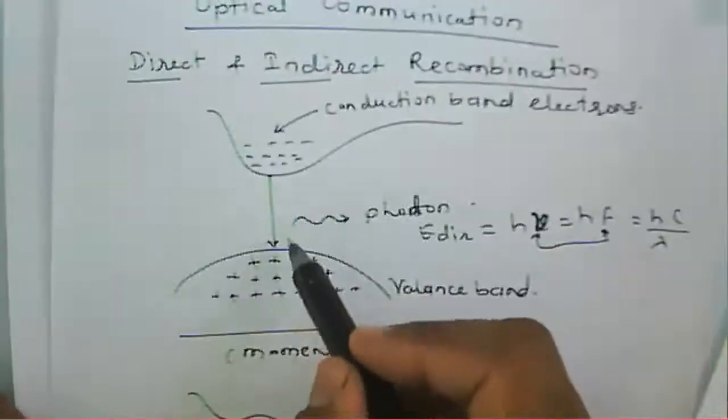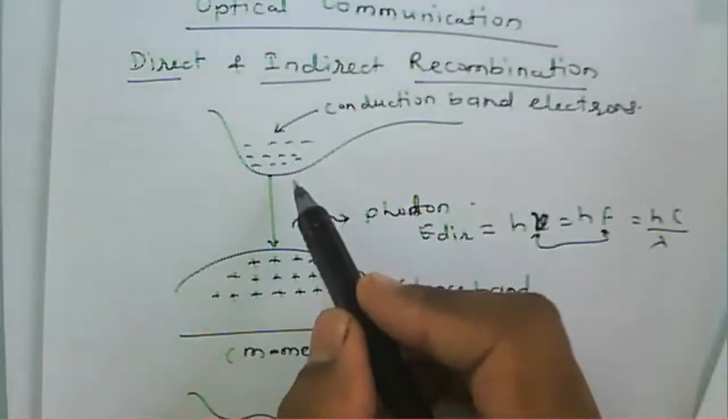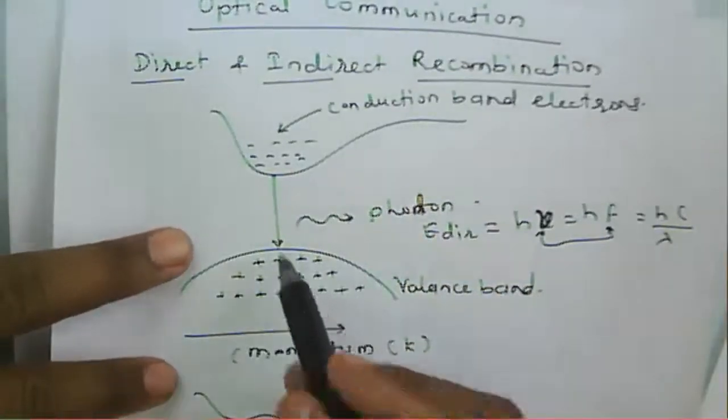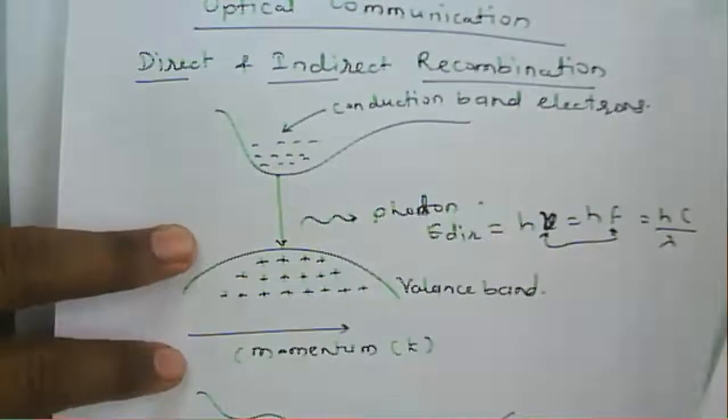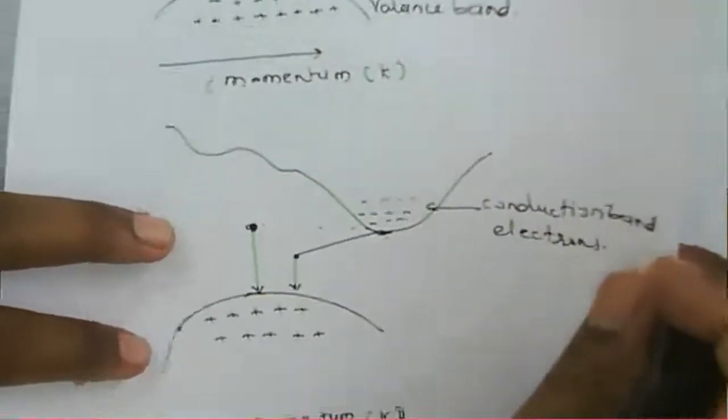But in the case of a direct level, we have the conduction band minimum and valence band maximum at the same momentum. So direct recombination takes place at this particular band energy level.